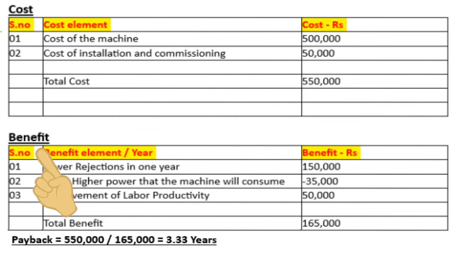Benefit. Lower rejections in 1 year is equal to 1,50,000. Less, higher power that the machine will consume is equal to 35,000. Improvement of labor productivity is equal to 50,000. Total benefit is equal to 1,65,000. Payback is equal to 5,50,000 divided by 1,65,000 is equal to 3.33 years.